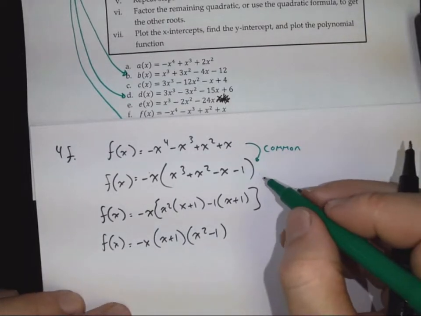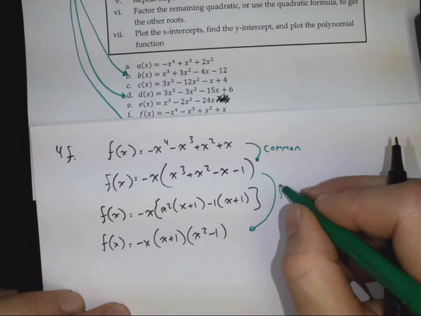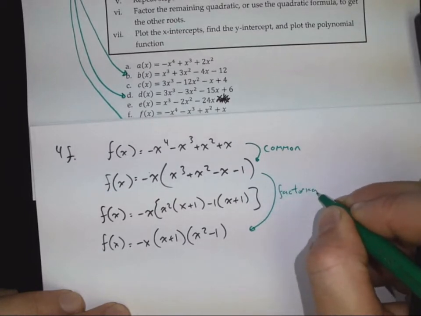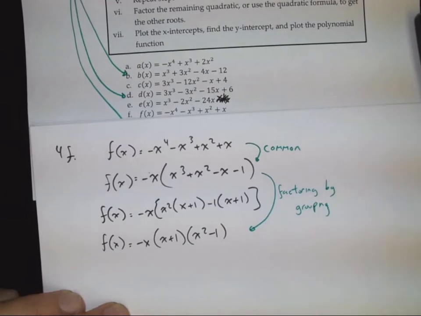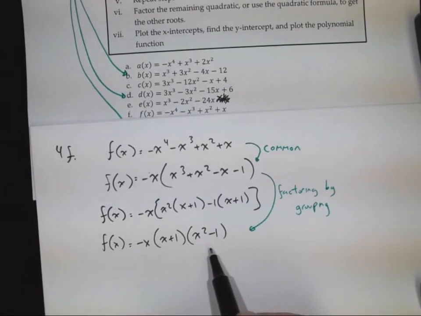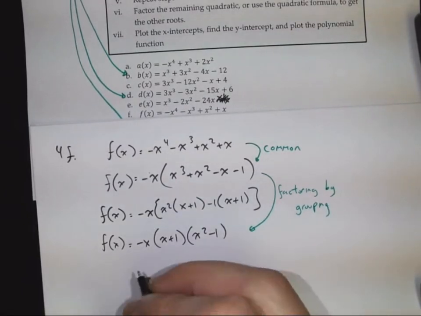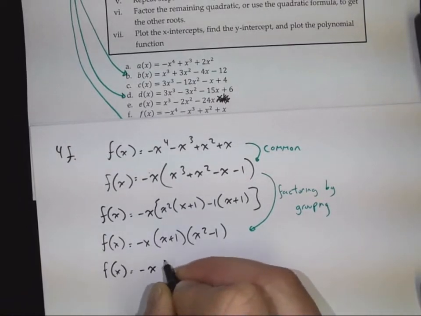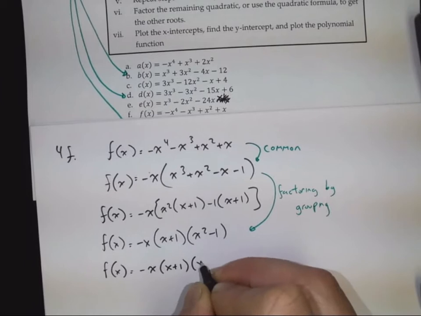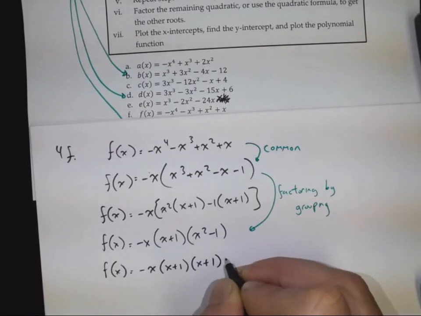That, of course, is factoring by grouping. And, of course, now we have this other thing that has to be factored, and that's a difference of squares, right? So we can go one step further and say it's negative x, x plus 1, x plus 1, x minus 1.